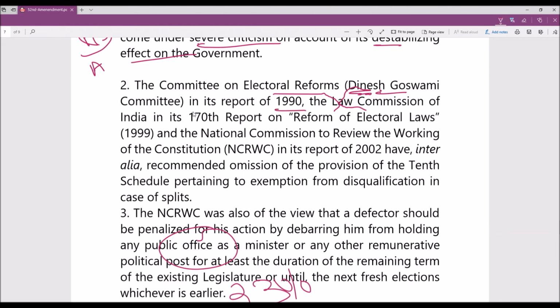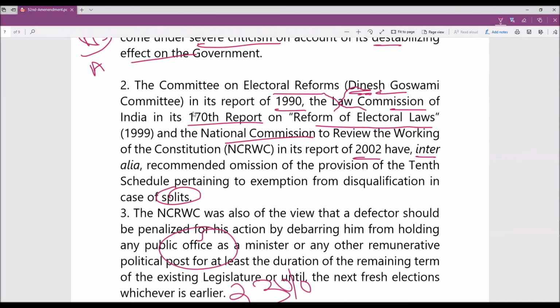The Law Commission of India in its 170th report, Reforms of Electoral Laws, 1990, and the National Commission to Review the Working of the Constitution, that is NCRWC, in its report of 2002, have inter alia recommended omission of the provision of the 10th Schedule pertaining to disqualification in case of split. The split option was removed because it could destabilize any government anytime.